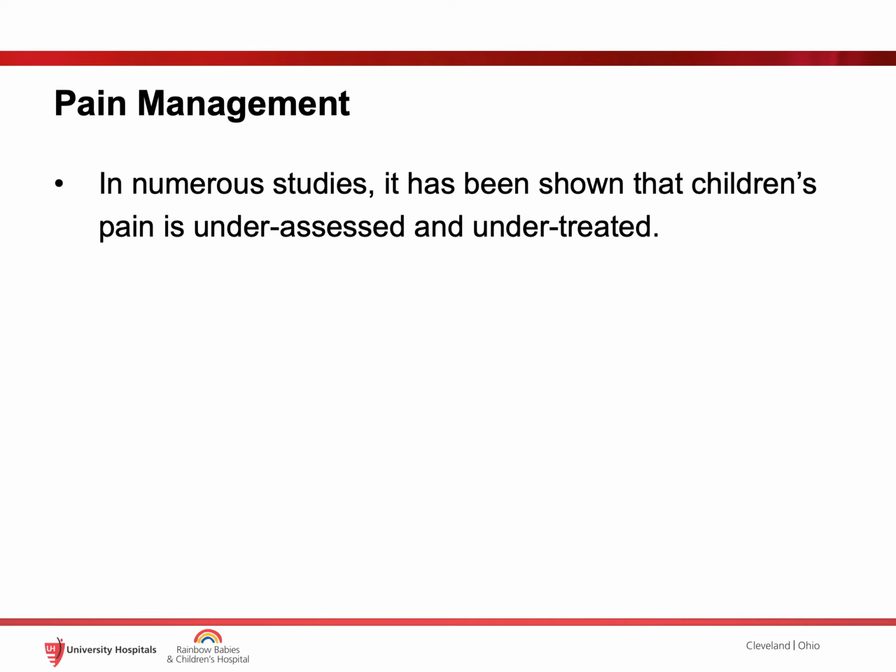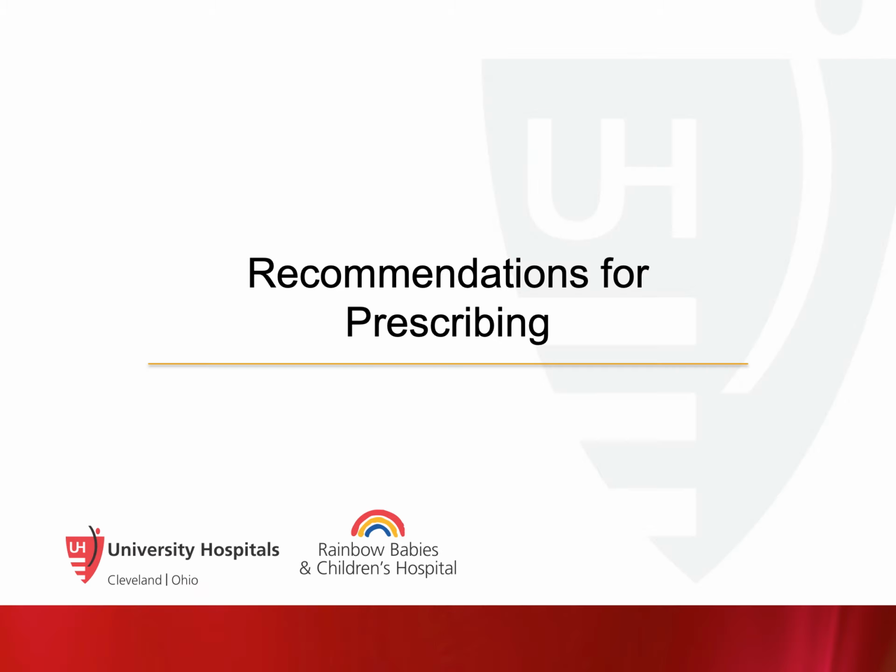Part of that is probably because we don't always understand the different pain assessment scales that are out there, and that there are pain assessment scales for infants and toddlers and patients who cannot tell us what type of pain they're having or how bad their pain is. And again, under-treating the pain because of the fear of the negative things that can happen with opioid prescribing, the side effects, and also the epidemic that's going on right now.